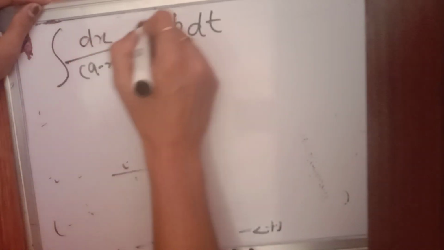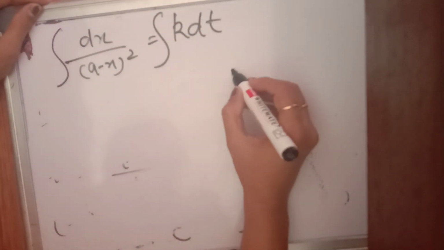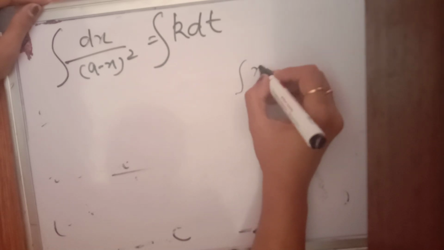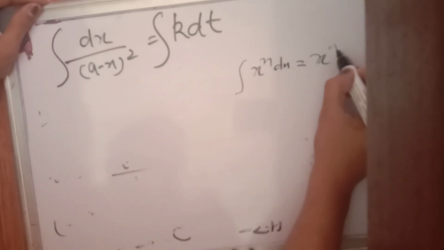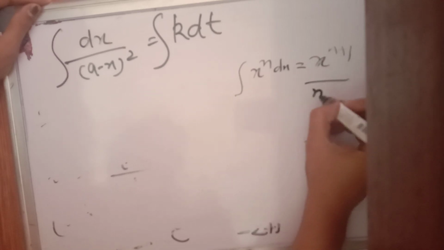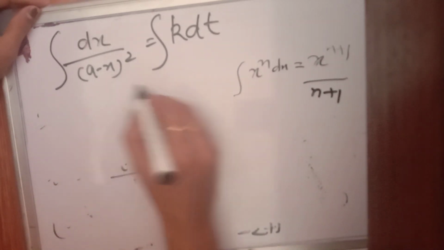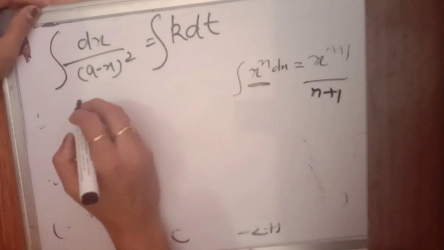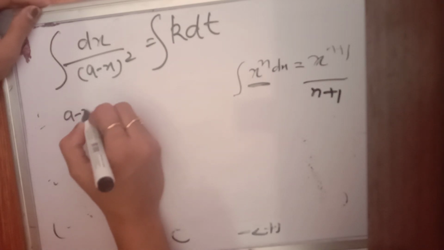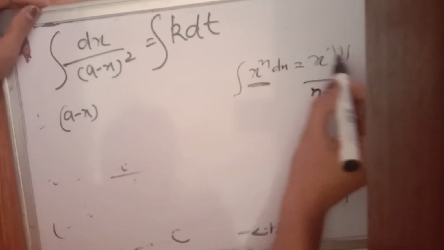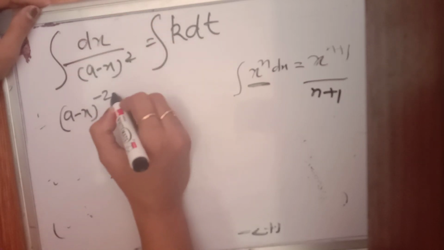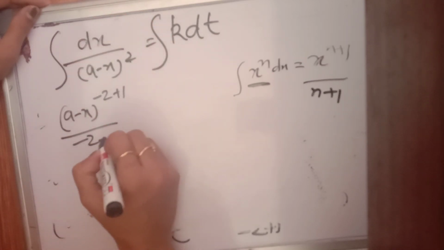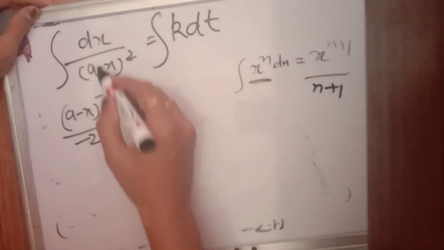So integrating, we know that the integration of x raised to power n dx is x raised to power n plus 1 upon n plus 1. Here instead of x we have a minus x, so its integration will be (a minus x) raised to power n plus 1, where n is minus 2, so minus 2 plus 1 upon minus 2 plus 1.